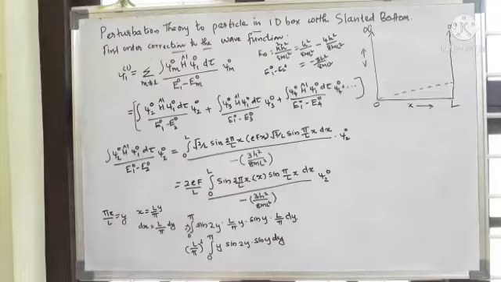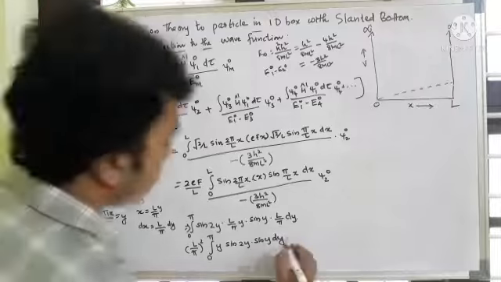Then what is sin 2 theta? Sin 2 theta is 2 sin theta cos theta. So sin 2y is 2 sin y cos y.